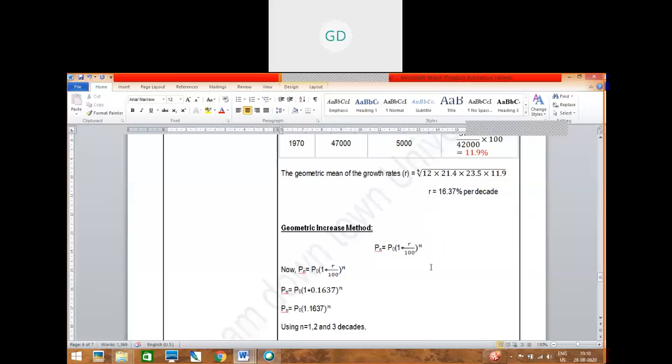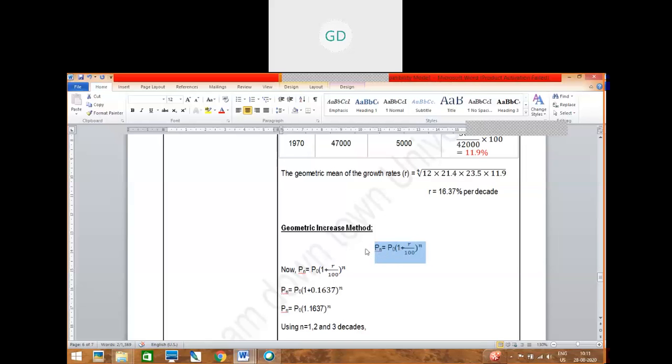Now you have to use the geometric increase method formula. So this is your formula. Here you got the r value. You know P naught also; P naught is your last known population, and Pn is whatever population you are told to find out.